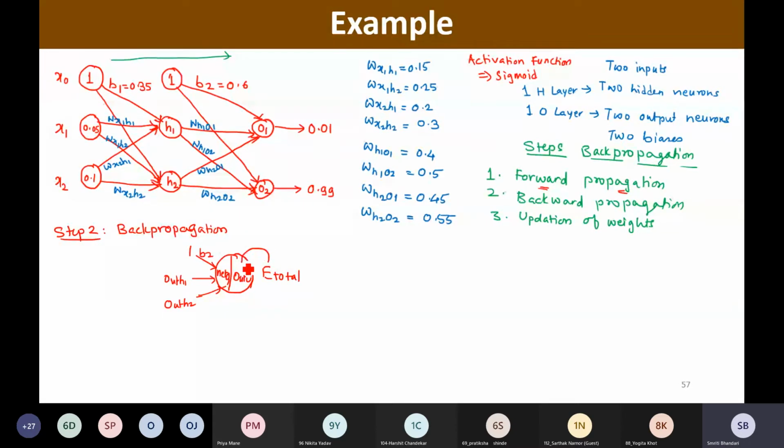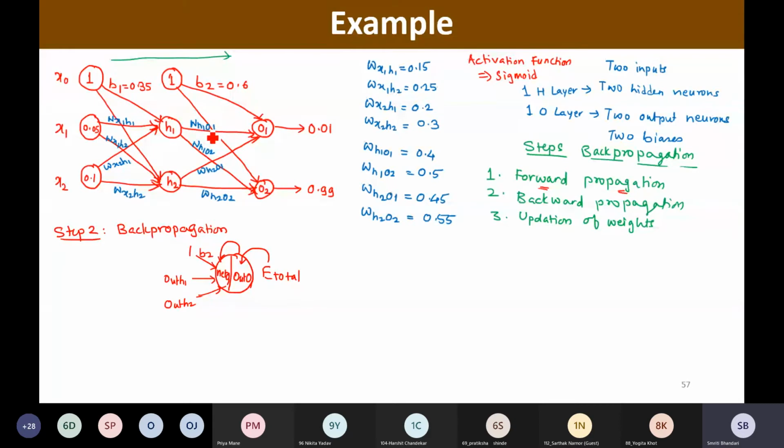Okay, so what we are supposed to do is, let us consider now this weight. We want to update the weights, right? So let us see here with respect to this weight, WH1O1.